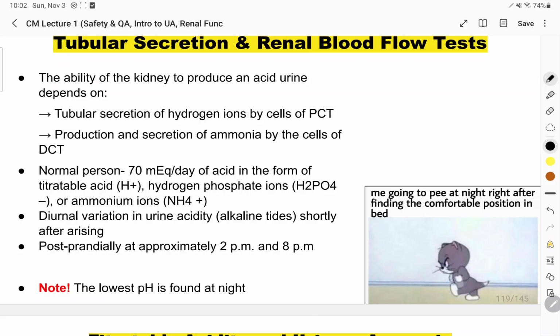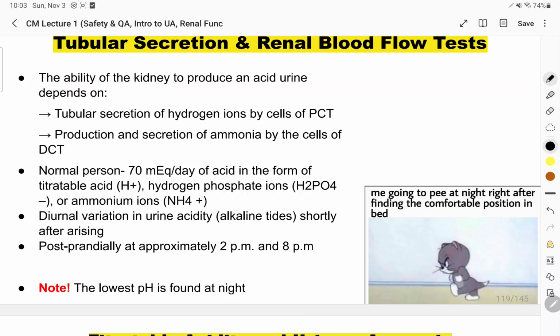Okay? So, also, the diurnal variation in urine acidity, or alkaline tides, is another term. After you wake up in the morning, mostly the pH of your urine is alkaline. That is the alkaline tide.